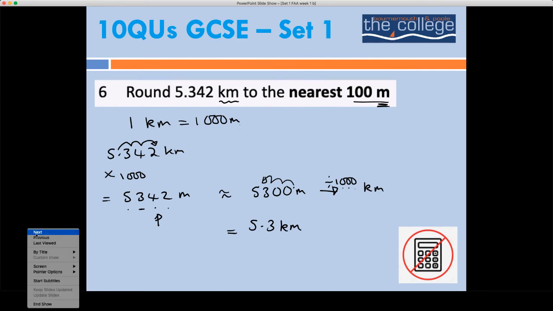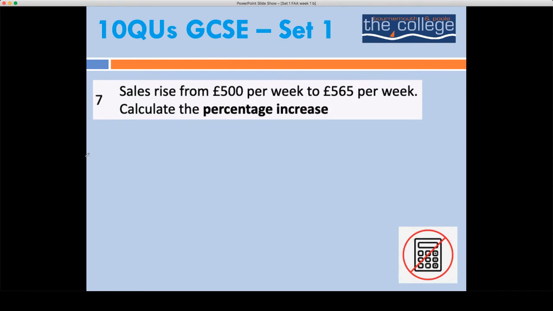So the next question. Right. This question can be done in several different ways again. But because it's a non-calculator question, there are 2 methods that are a bit easier than the standard method you would use for calculator. For percentage change, okay, what is the percentage change? What was the increase? What was the decrease? Okay, what was the sale offer? Any of these sorts of questions. What was the reduction? So it's always going to be the difference.